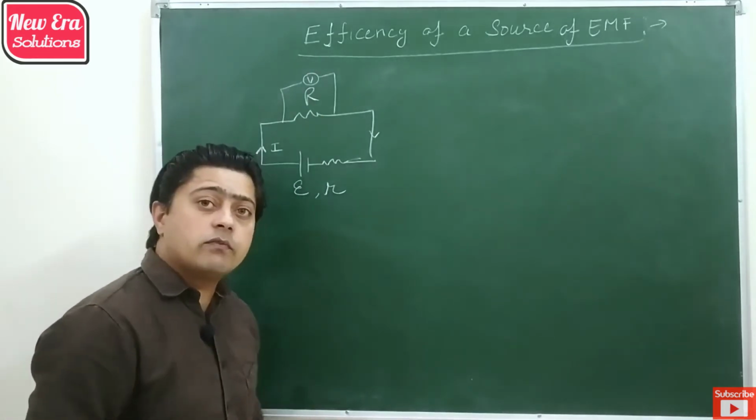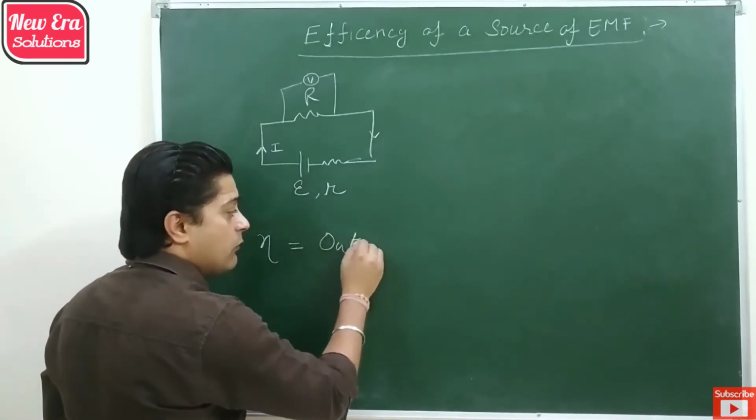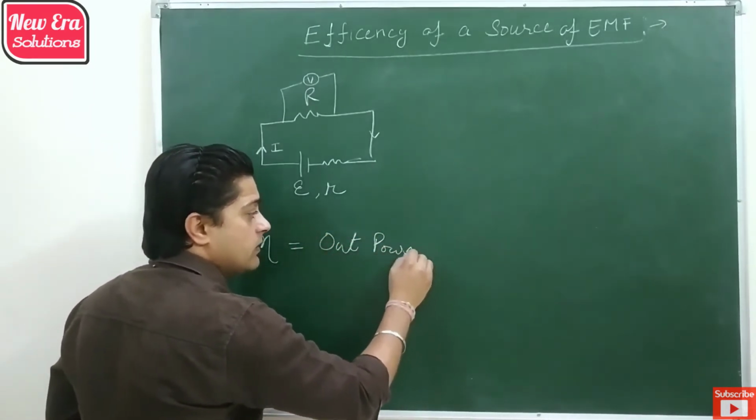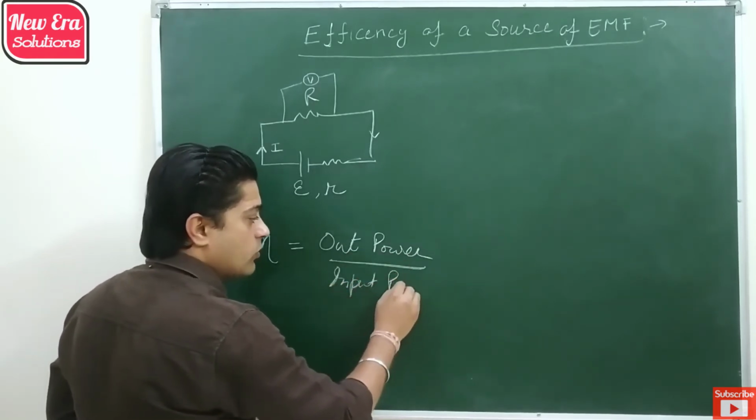Then the efficiency of the source is defined as the ratio of the output power to the input power of the source.